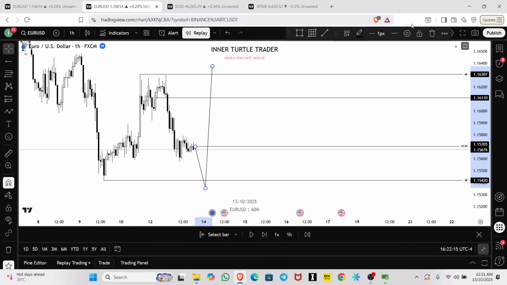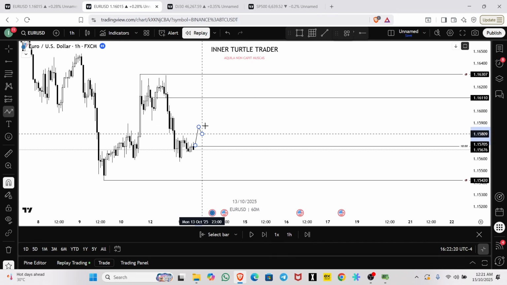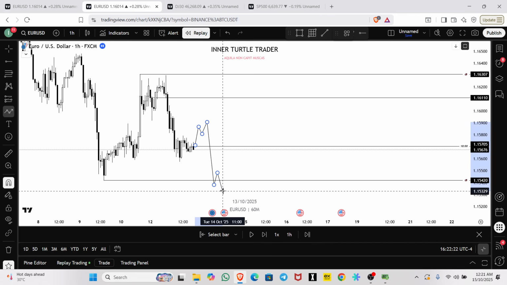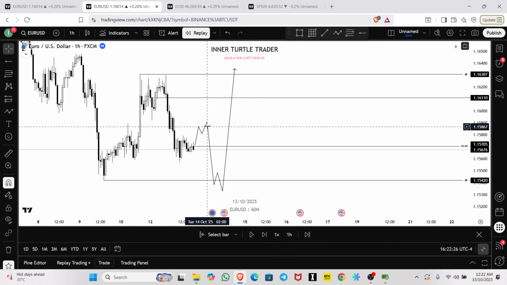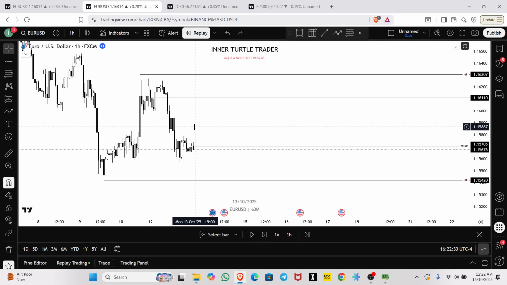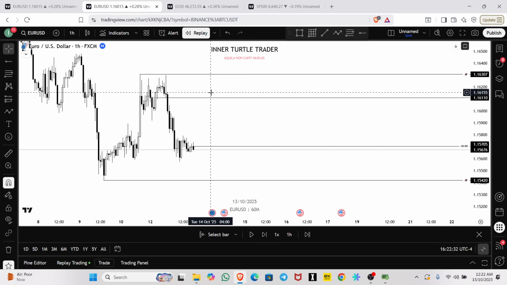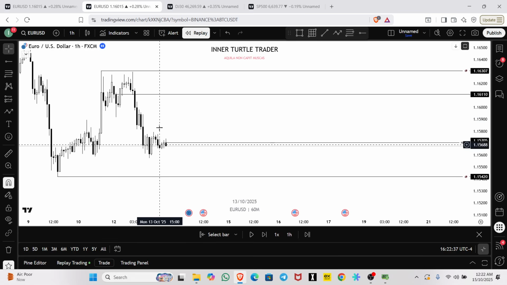But it cannot move below as well unless it manipulates higher, then it goes lower, then it goes higher. This should be clear in your mind, that it cannot move down unless there is a crack in correlation. It cannot move back up again unless there is a crack in correlation. Since you have this in mind, this gives you patience.